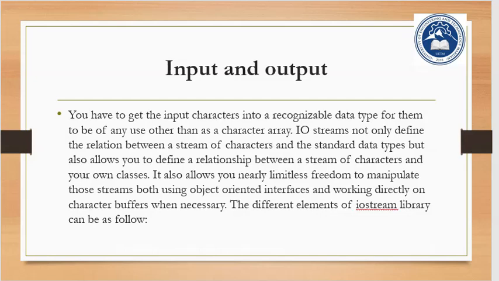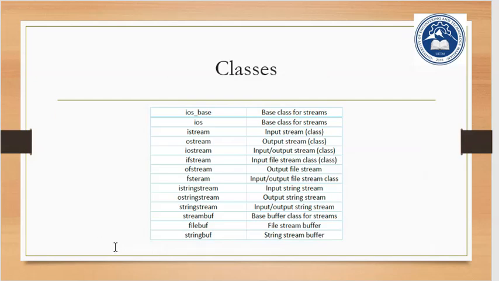So basically manipulating or handling these things, or checking whether they are compatible or not, are the different elements of the iostream library. So these are the basics, you can use them.